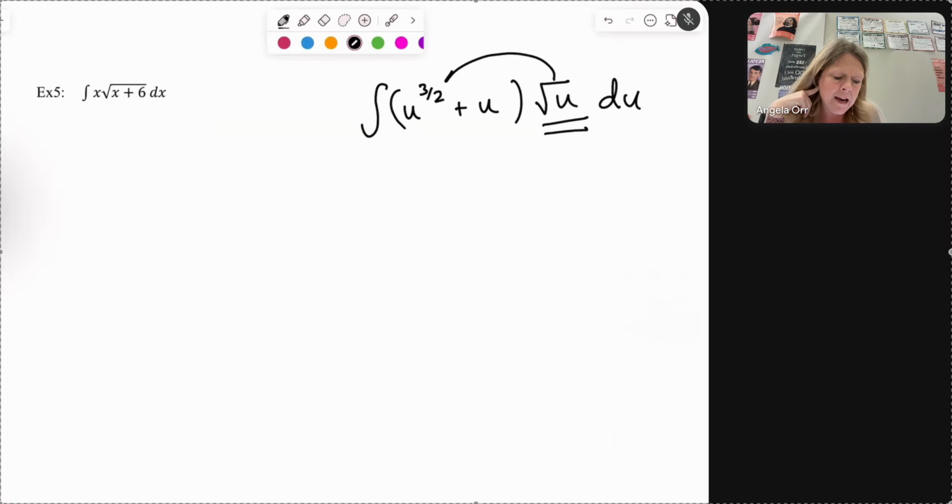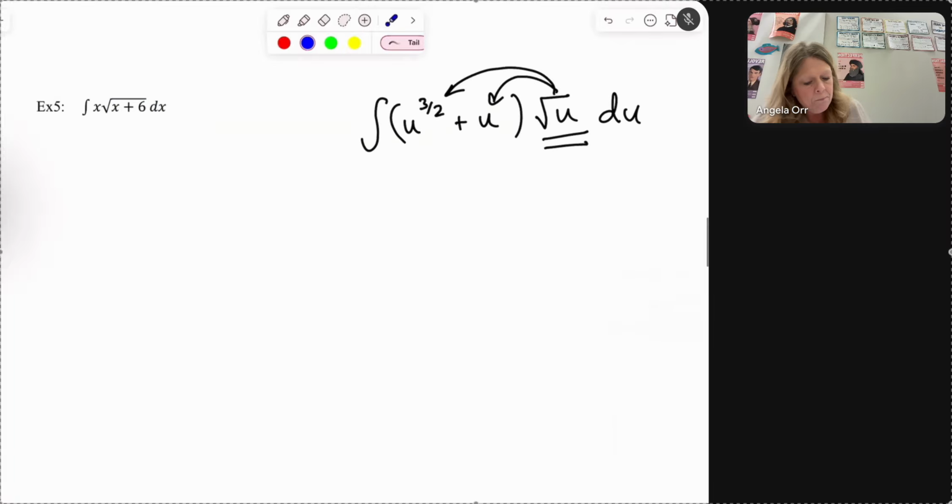I can use some algebra to distribute and simplify and find the antiderivative of that. So that's our goal in this kind of simplification problem for U-substitution: I'm going to try to get rid of the multiple terms inside of the radical, and only get one element inside of it.